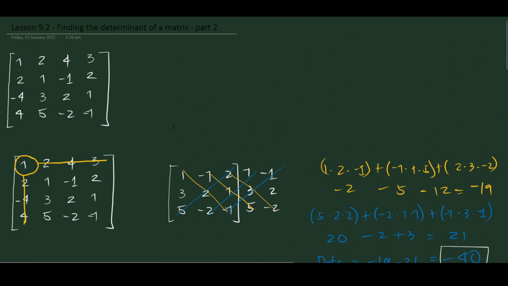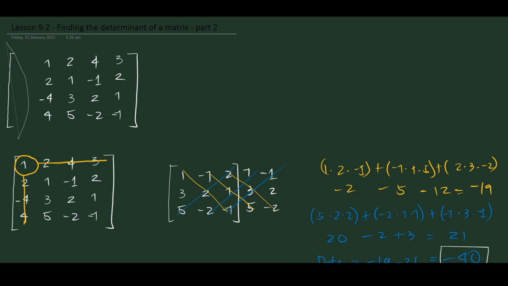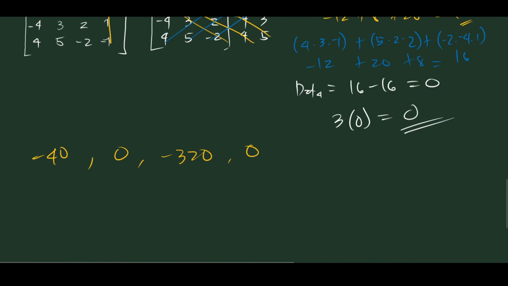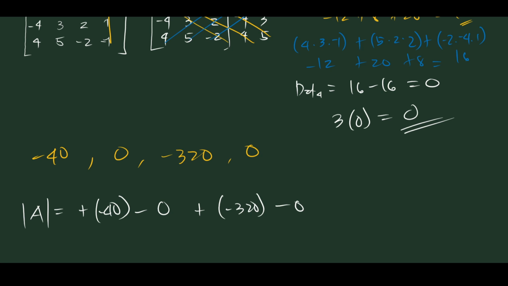Let's say that this is matrix A. So the determinant of matrix A is actually, the signs are alternating: plus, minus, plus, minus. So, negative 40, minus 0, plus negative 320, and then minus 0.